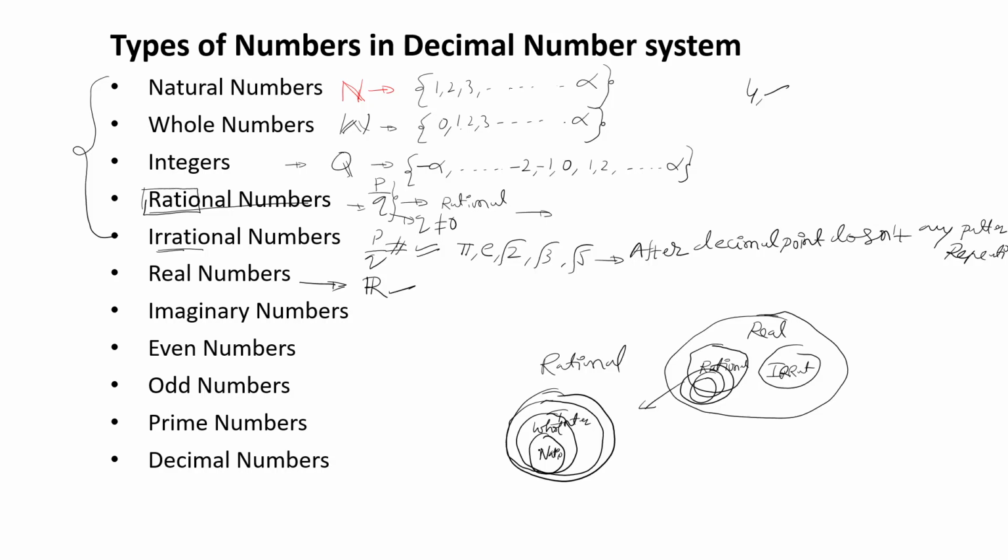See, natural numbers are a subset of whole numbers, whole numbers are a subset of integers, integers are a subset of rational numbers, and rational numbers are a subset of real numbers. So all these types of numbers are subsets of real numbers.